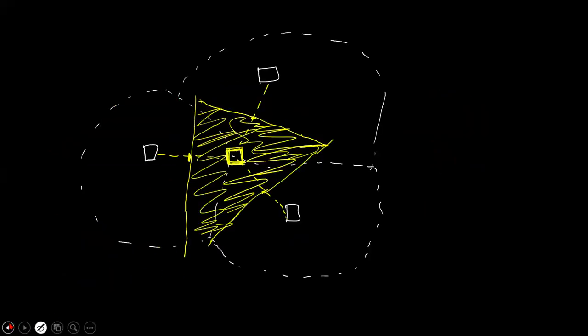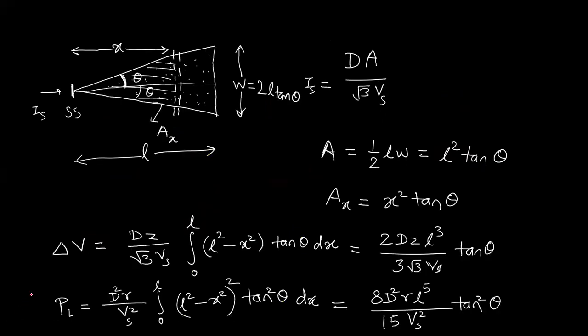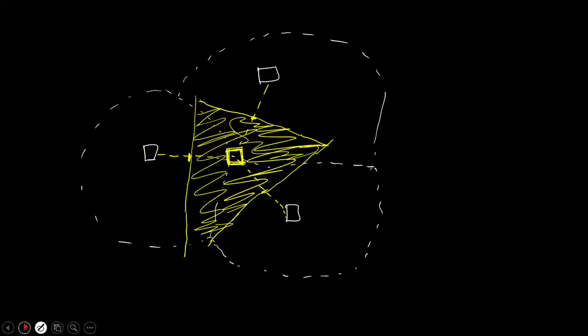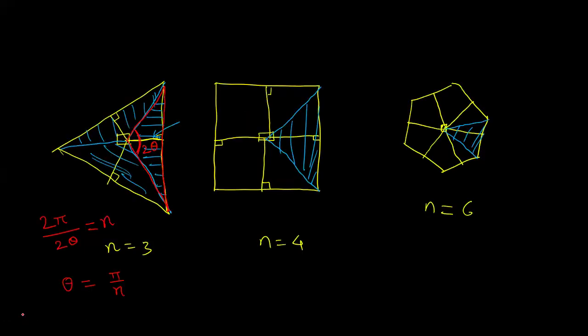So now we can derive the equation for voltage drop and power loss. We can just copy paste this equation. I'm writing the generalized equation for voltage drop and power loss for a substation serving with n number of feeders. So delta V, I'm just writing the expression that was there in the earlier slide. That is basically 2 times Vj L cube. What I modify is I will write L suffix n, which represents the length of the feeder.